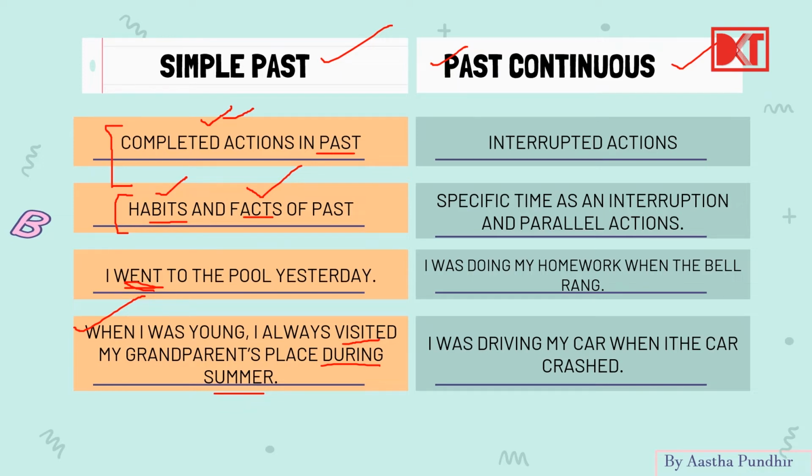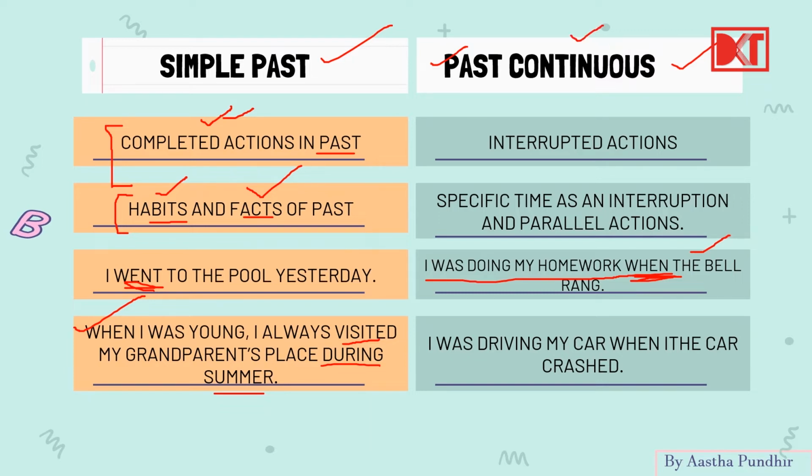I was doing my homework. ये हो गया past continuous कि मैं अपना होमवर्क कर रही थी, past में कर रही थी अपना होमवर्क, और फिर क्या हुआ, ये एक्शन इंटरप्ट हो गया, राइट? When the bell rang. तो मैं प्रोसेस में थी अपना होमवर्क करने के कि अचानक से वो इंटरप्ट हुआ, और क्या हुआ, the bell rang. So an interrupted action is represented by past continuous.